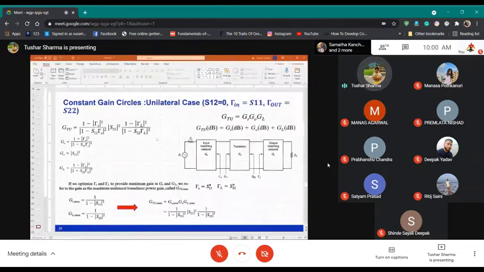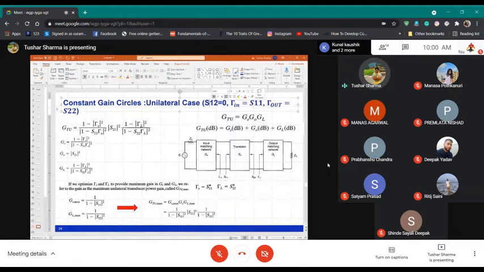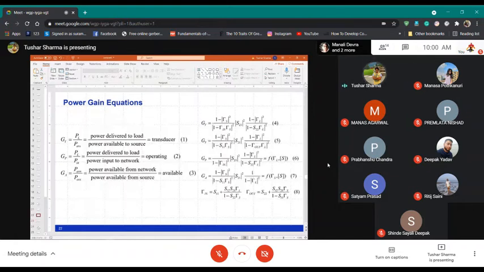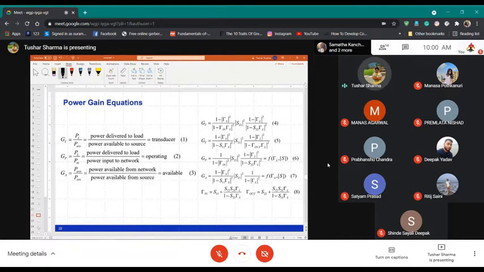So if a device is unilateral, which means S12 is 0, then what happens to my gamma in and gamma out? If you see this equation, if my S12 is 0, my gamma in is equal to S11 and my gamma out is equal to S22.